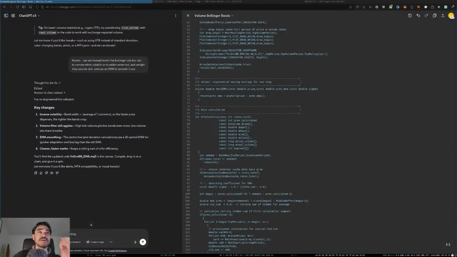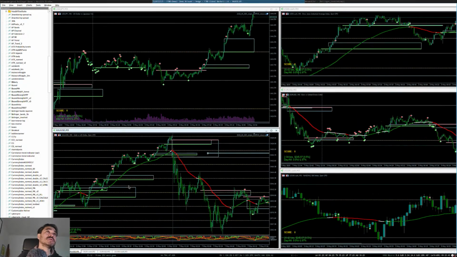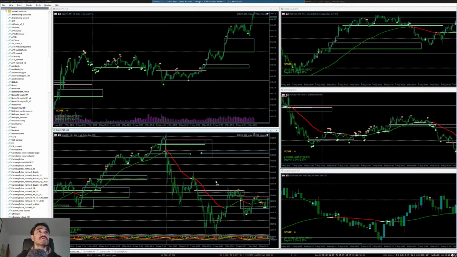This is the vibe coding problem. Having an issue with loading correctly. Let me just try and load it onto another chart just to see if that makes any difference.